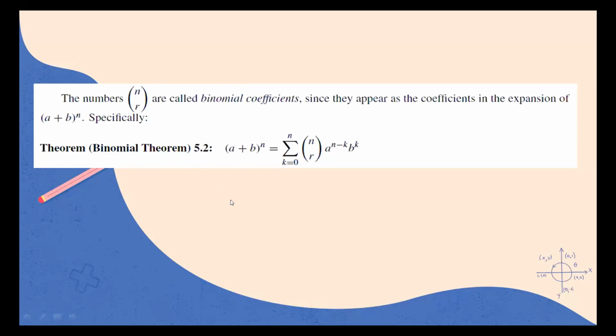Specifically, the binomial theorem says (a plus b) to the power n is equal to the summation of n choose r multiplied by a raised to n minus k times b raised to k. If you do not know about the binomial theorem, don't worry, this is just some more information for those who know some part about the binomial theorem or about combinations. So you can relate it with these.